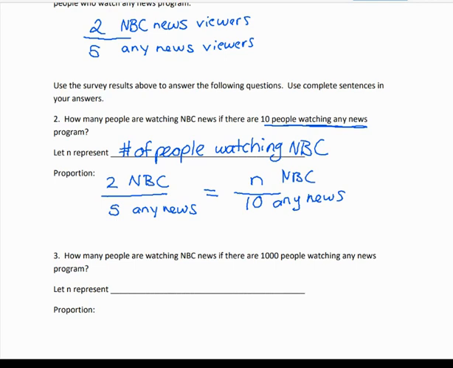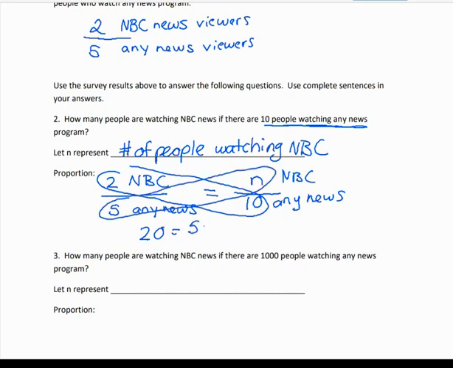Now that we have that, we can cross multiply, right? So we have 2 times 10. What's 2 times 10? 20 equals 5 times n is 5n. And then after we cross multiply, we divide.